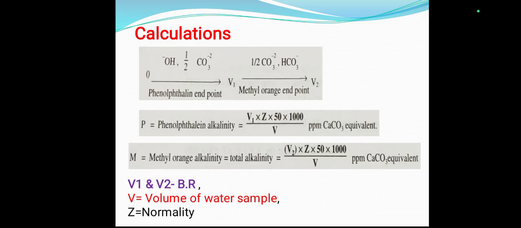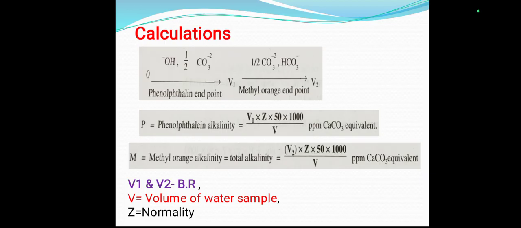After the phenolphthalein endpoint we got a V1 ml burette reading, so 0 changes to V1, and after the methyl orange endpoint, V1 changes to V2. So we got V1 using phenolphthalein and V2 using methyl orange.